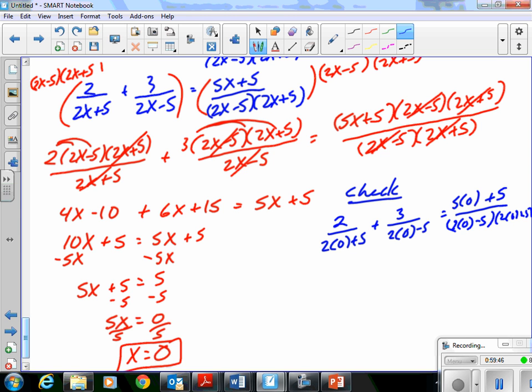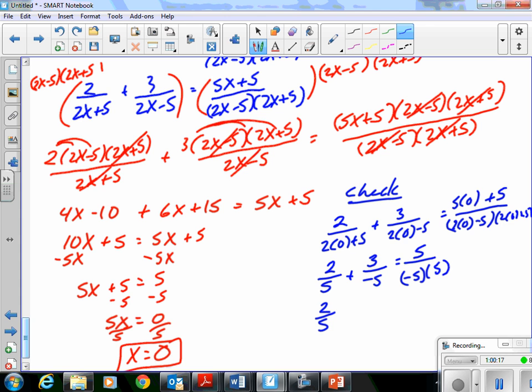So we'll take those zeros out. It's going to give us 2 over 5 plus 3 over negative 5 equals 5 over negative 5 times 5. That will simplify to actually 2/5.